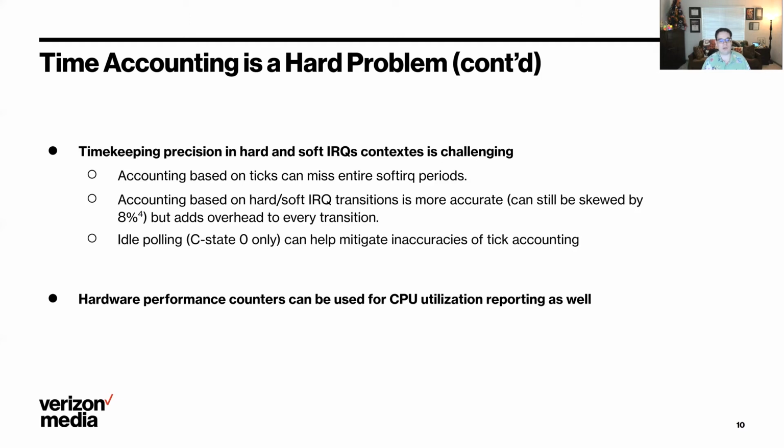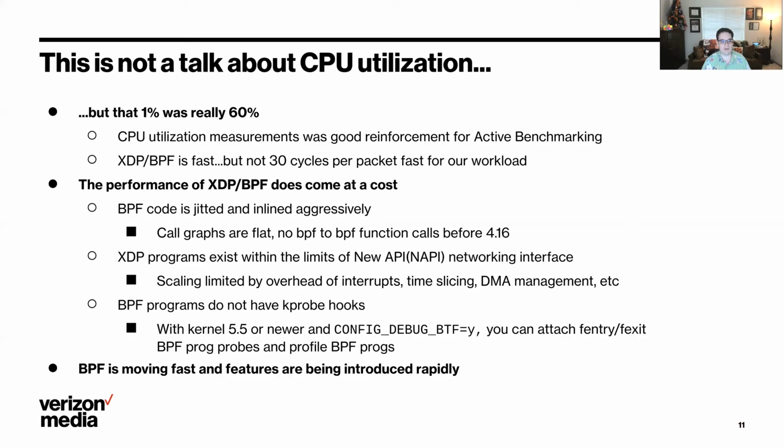And instead of using the kernel's timekeeping, there are also hardware performance counters inside the CPUs that can be used for this reporting as well. Now, this is not a talk about CPU utilization, but I do want to highlight that the 1% that I saw in the lab, when I turned off the C-states and used idle polling, turned into 60% utilization, which, going through that list of items, makes a lot more sense.